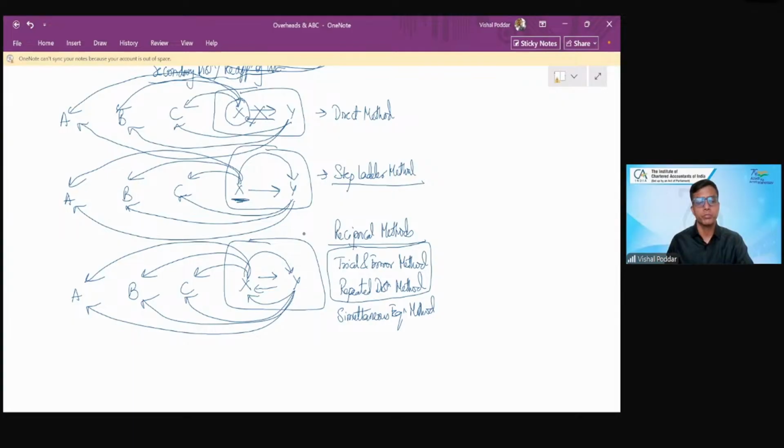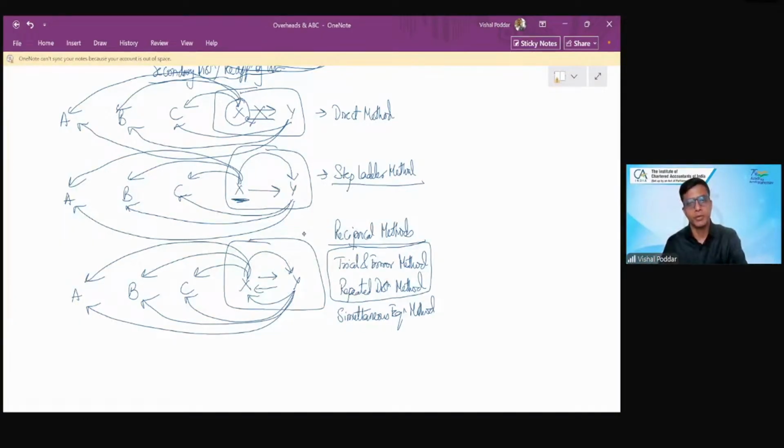So when you solve, you realize that eventually, mathematically, both these methods give the same answer. Only terminology wise, they are given as different, but practically solving wise, they are one and the same. Right? Now, once we have understood this, let us go ahead to do some practical working of all these methods.